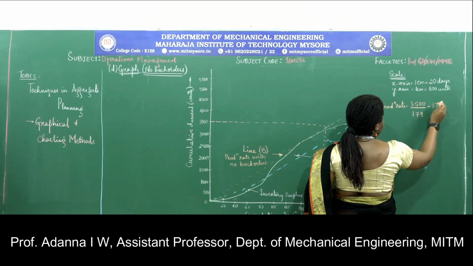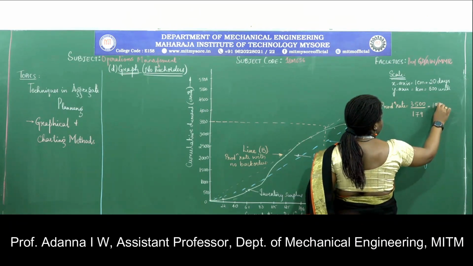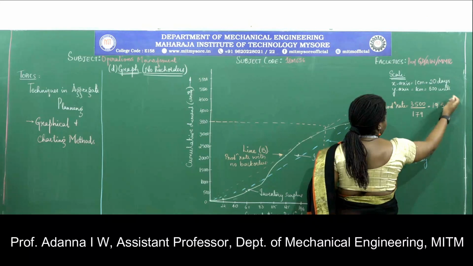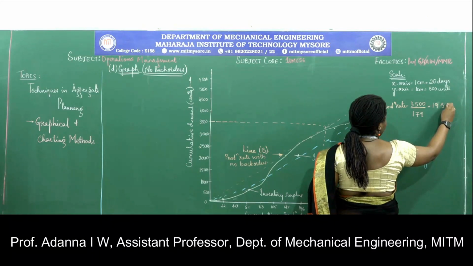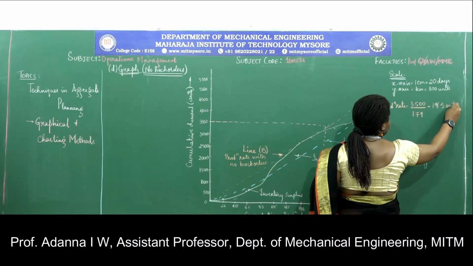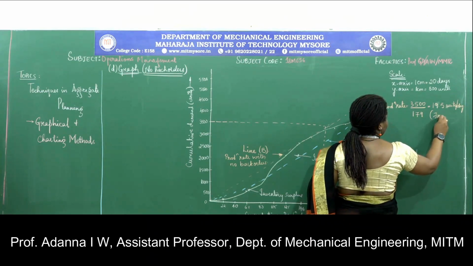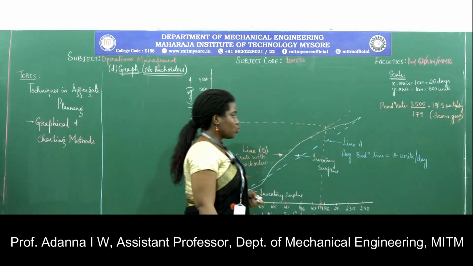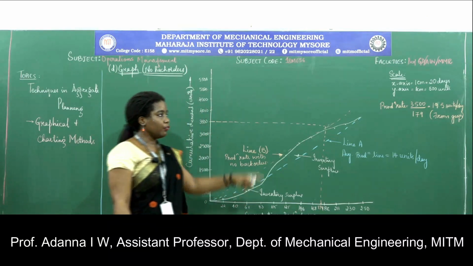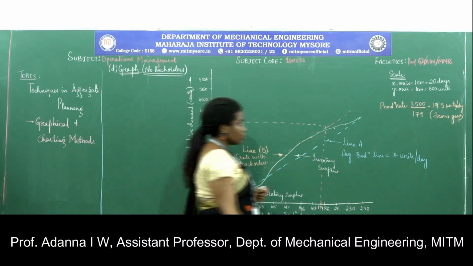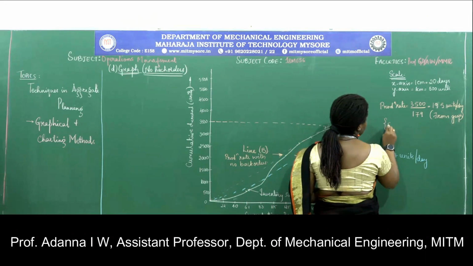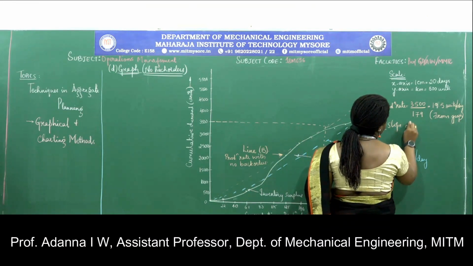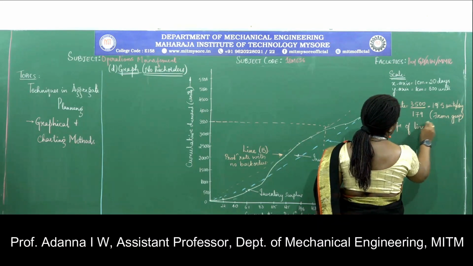It's about 19.5 units per day. This is a value you get from the graph. So slope of line B will give me production rate. So here you can also write this as the slope of line B.